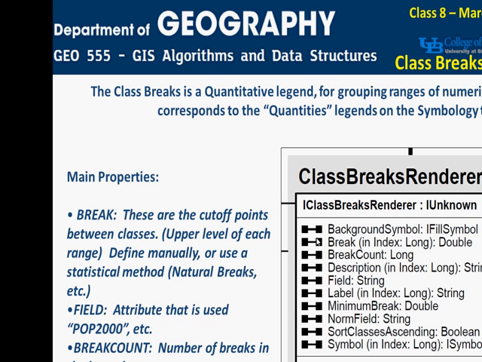We'll talk about that a little right at the end tonight, which is coming up soon. We set a field, just like we did with unique values. This has to be a numeric field for this to work. Remember, a quantitative legend requires a numeric value. We set the number of breaks that are going to be in the legend, and the absolute lowest value we want. Say if the lowest population is 20, we set a minimum break of 20.